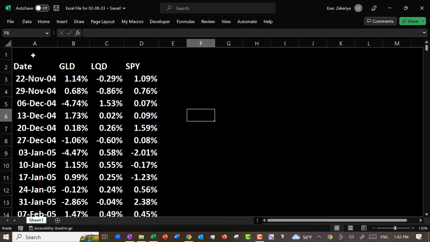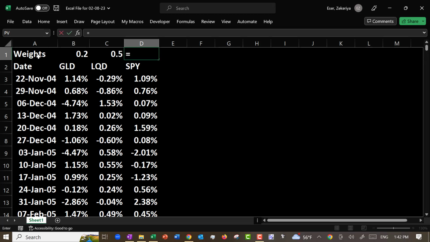Here I'm going to put arbitrary weights. Since they have to add up to 1, for the last one, I'm going to say 1 minus the sum of the previous ones.